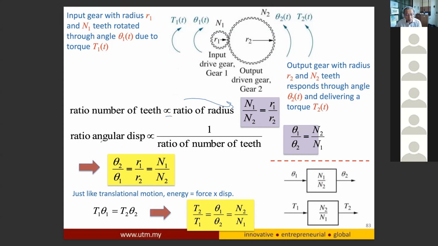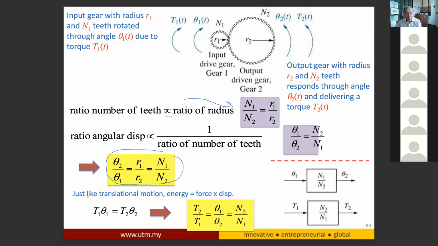And the ratio of angular displacement is inversely proportional to the ratio of the number of teeth, which is theta 1 over theta 2 equal to N2 divided by N1. So we can relate this with these equations: theta 1 over theta 2 is equal to R1 divided by R2 and N1 over N2.